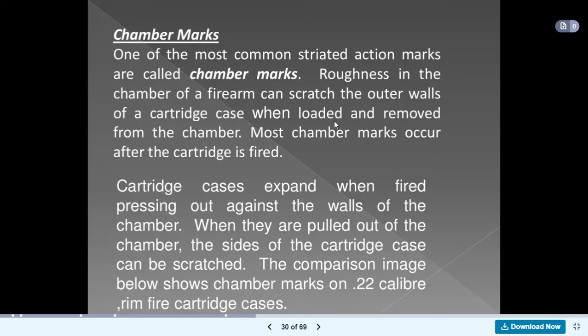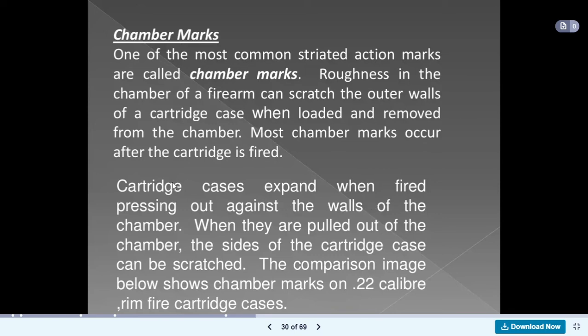Because of that, when loaded and removed, the cartridge is loaded and removed from the chamber. Most chamber marks occur after the cartridge is fired. When the firearm is fired, the cartridge comes out of the chamber; this is called chamber marks.